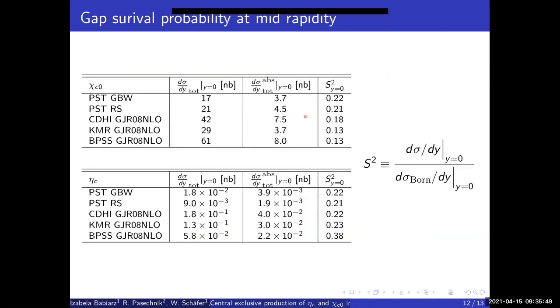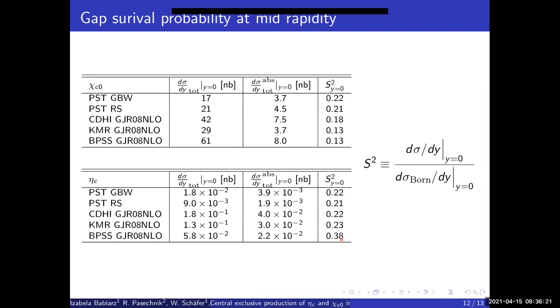So in numbers, I collected the gap survival probability at mid-rapidity. So we can say that for chi-C0, the gap survival probability is about 13%, and for eta C, there is about 20 to more or less 30%.